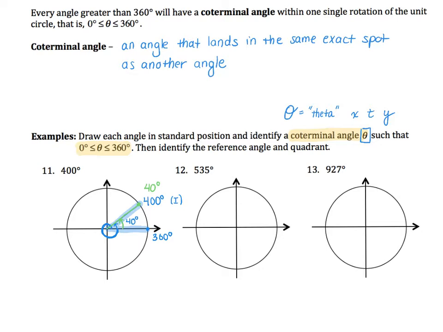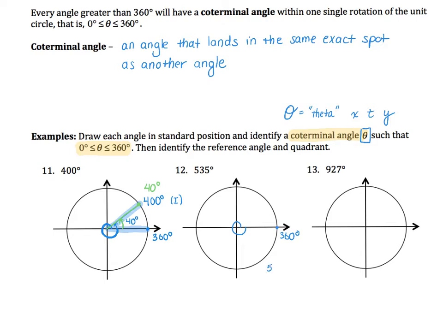Okay, so let's take a look at example 12, and we're going to do all the things again for number 12. We've been given an angle of 535 degrees. Obviously, I've gone around more than once. So I went around a full 360, so that sort of lands me at 360 degrees right here. But then how much further did I go?